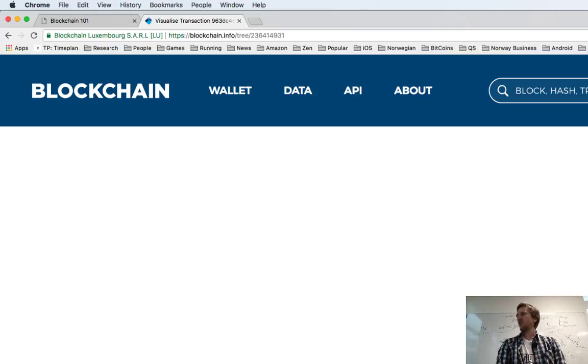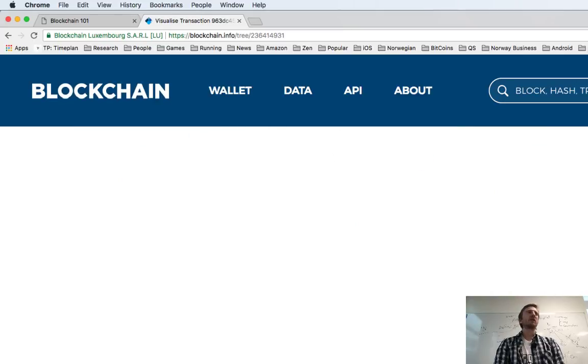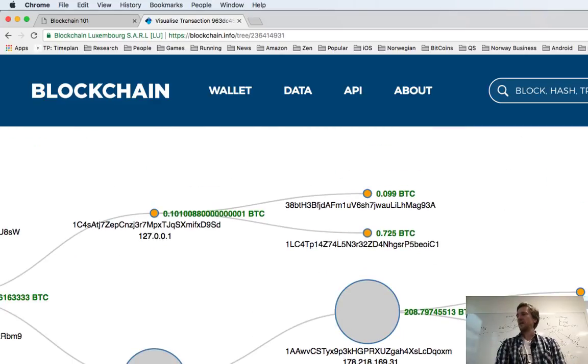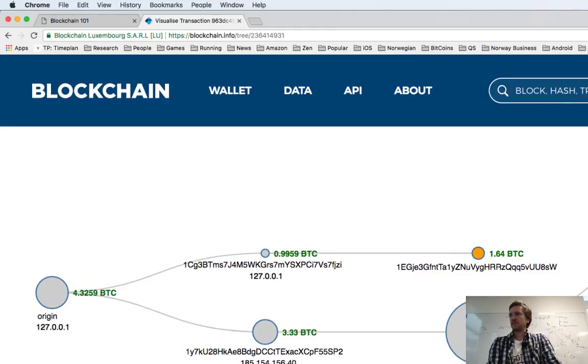And some small miners will get some small awards that they accumulated, and some bigger ones will get bigger ones, right? So it might be the case that that's a mining pool paying out the miners. So then you can tag, okay, this is very likely to be a mining pool, right? Or something.